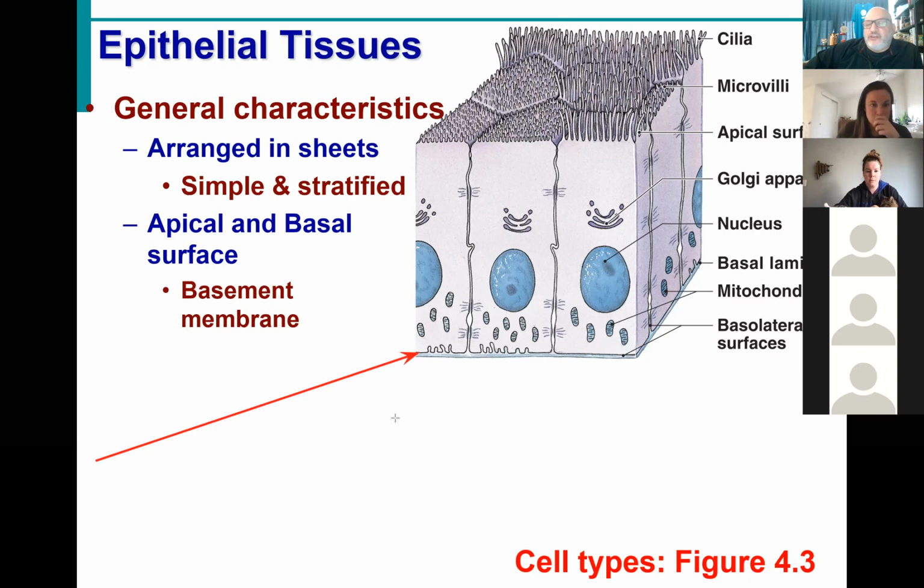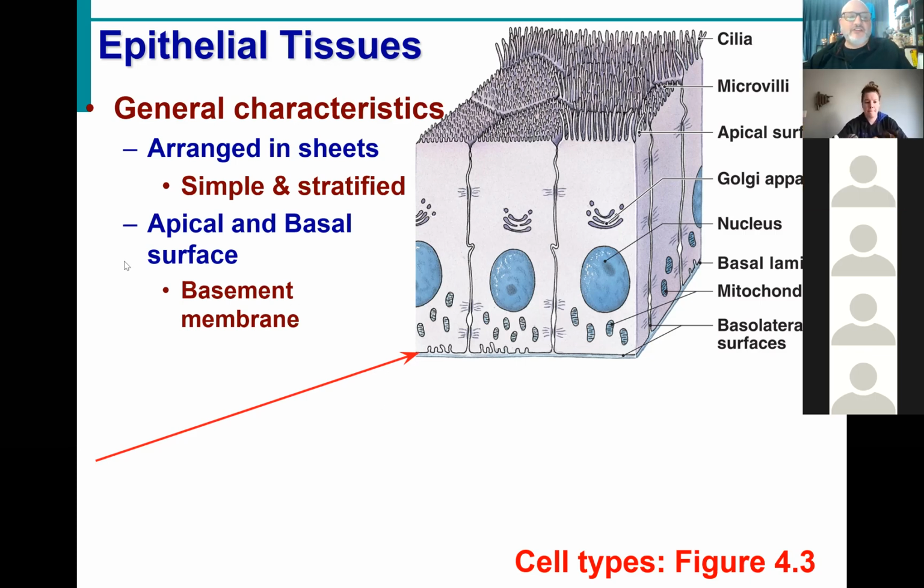And what's the extracellular material, the substance outside of the cell that you would find in this location? Basement membrane, exactly. So again, 99.9% of the time in this class, we are not going to see the basement membrane. There's one exception where we'll actually see it. Most of the time, the glue is so good, we don't see it. We know it's there, but we don't see it. Okay? And when we look at some histology slides, we'll actually see that as well.